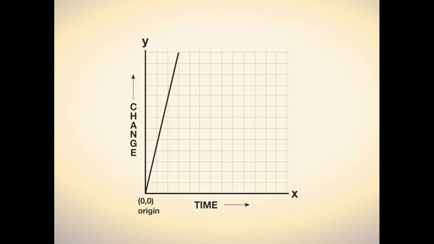You could have a graph like this, and in this case, it's changing very much for a unit of time. Now, if we think of this in terms of a Flash tween, I want you to think about the beginning keyframe of the tween as what's at the origin, and the ending keyframe of the tween as what's at the top of the graph, or in this case, at the right side of the graph.